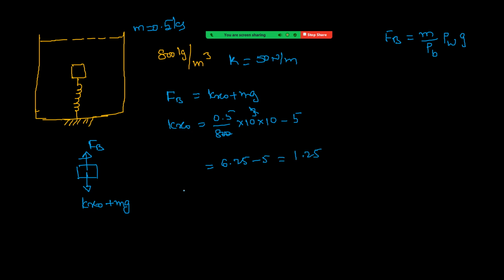That means x naught is equal to 1.25 upon 50. This is in meter. If you want it in centimeter, multiply by 100. So 1.25 upon 50 into 100 is 2.5 centimeter.